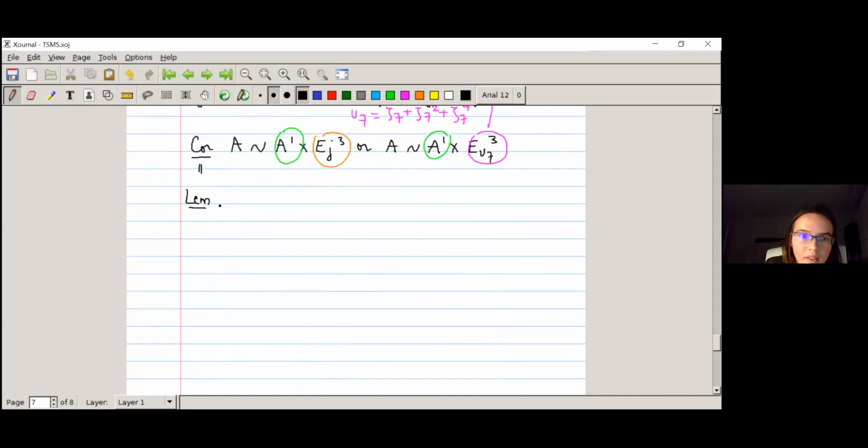Lemma: if the diagonal (1, 1, -1)... J acts on A, then A is isogenous to A prime times E_j cube.